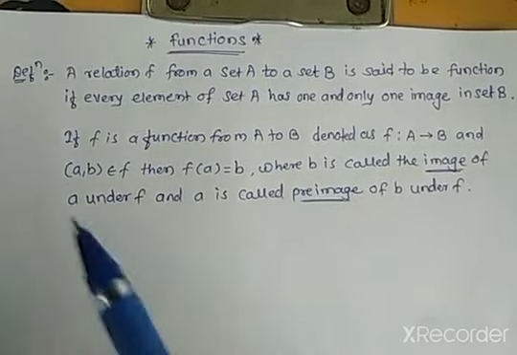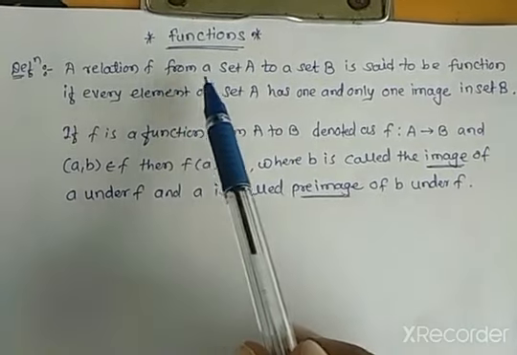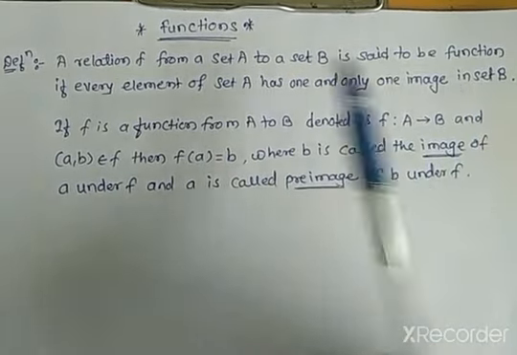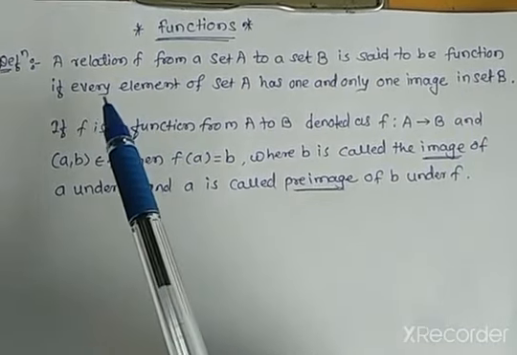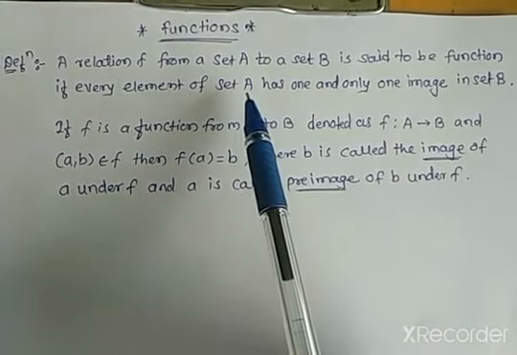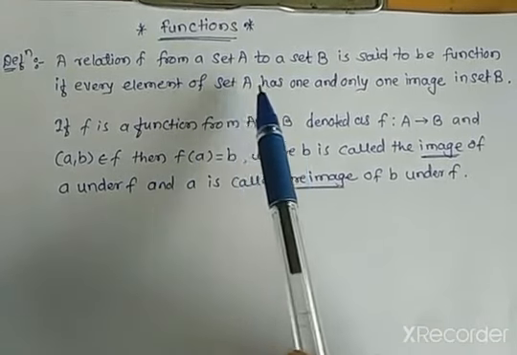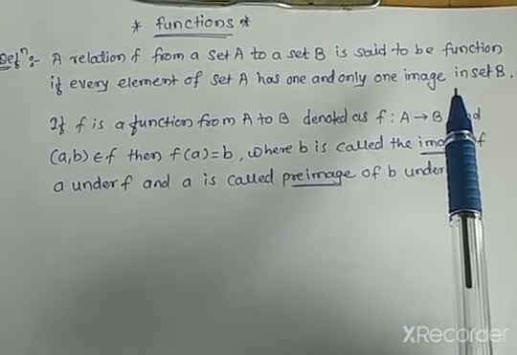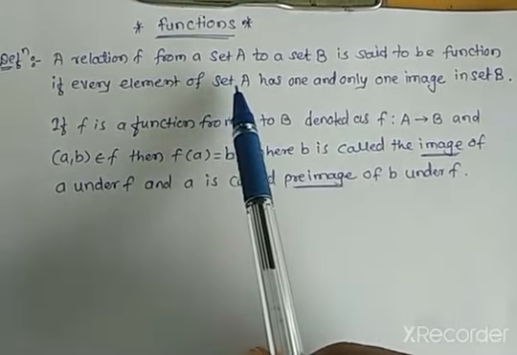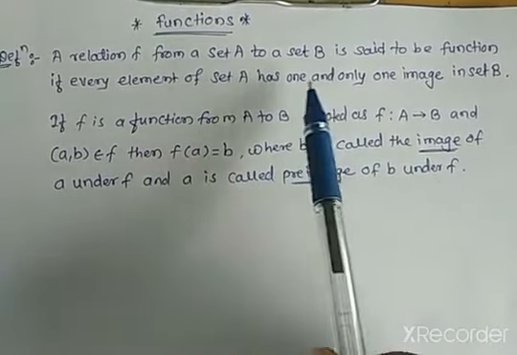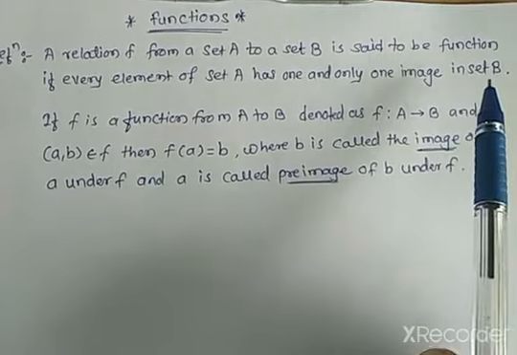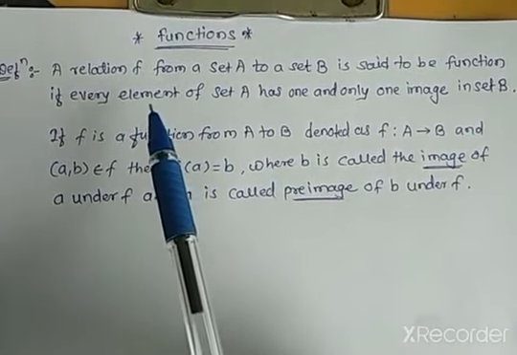How is it defined? A relation f from a set A to a set B is said to be a function if every element of set A has one and only one image in set B. It is an important part of the definition.